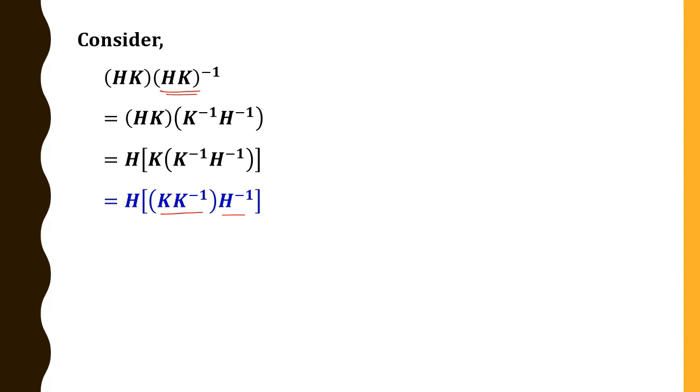So what is K into K inverse? That is using theorem 2. So what is theorem 2? A non-empty subset H is a subgroup if H inverse is equal to H. So since K is a subgroup, K into K inverse is nothing but K. Next, you write H inverse as it is.